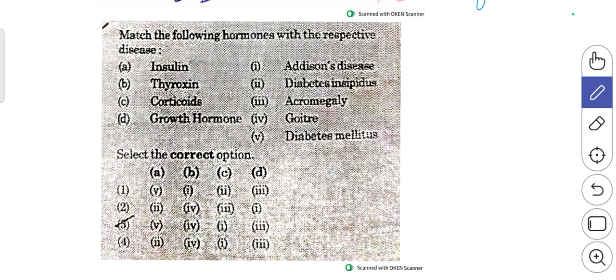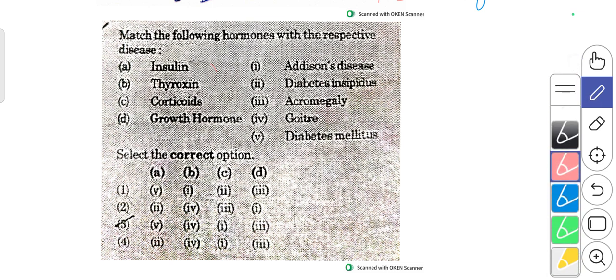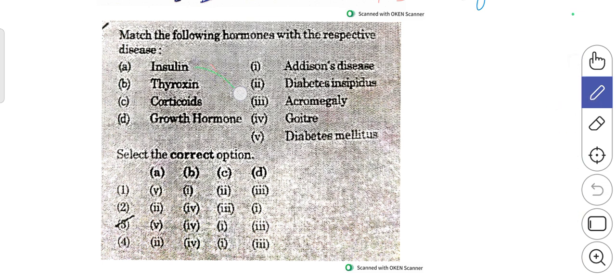The insulin. As you all know, if insulin deficiency is seen, that will be considered as diabetes mellitus. Insulin deficiency causes a disease, that is diabetes mellitus. Then what will happen if there is a fluctuation in thyroxine? The thyroxine hormone is produced by the thyroid. The insulin will be produced by the pancreas.